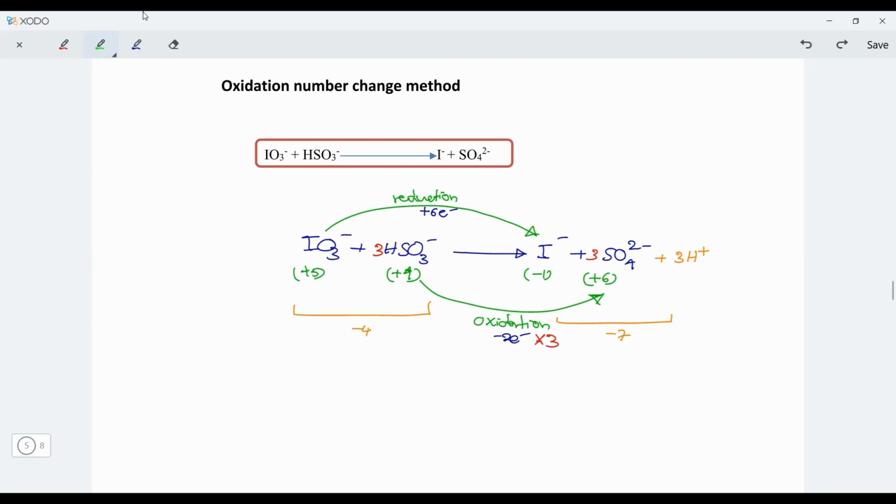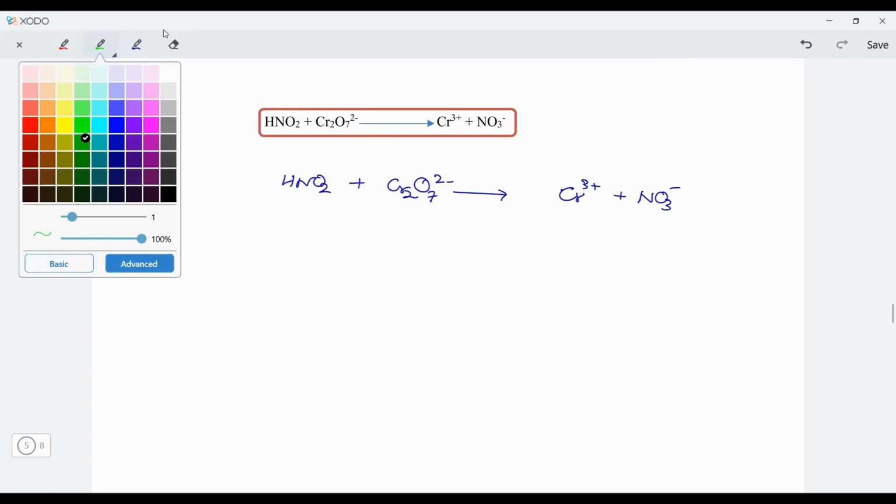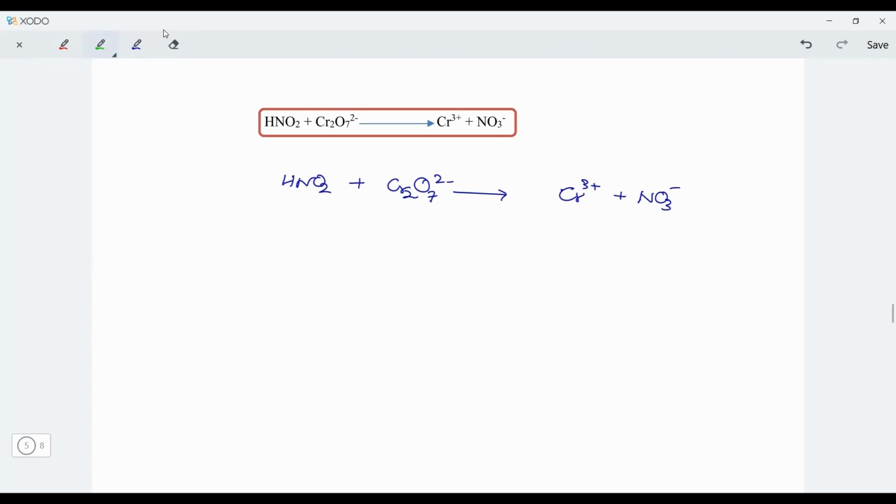Now let's do our second acidic medium balancing also using the same method. I wrote the reaction and let's find the oxidation numbers. Here it is plus 3. We are considering one atom. So plus 6 will come, plus 3 will come, and plus 5. Now we need to balance atoms.